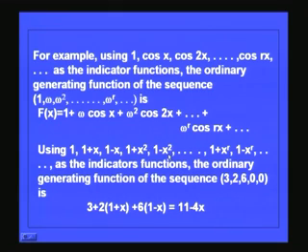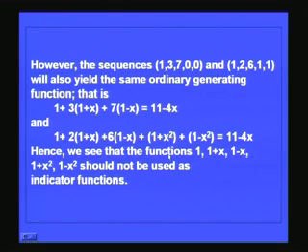Look at this sequence 1, 3, 7, 0, 0 with the same set of indicator functions. What will you get as the generating function? 1 into 1, then 3 into 1 plus x, 7 into 1 minus x, 0 into 1 plus x squared, 0 into 1 minus x squared, and so on.